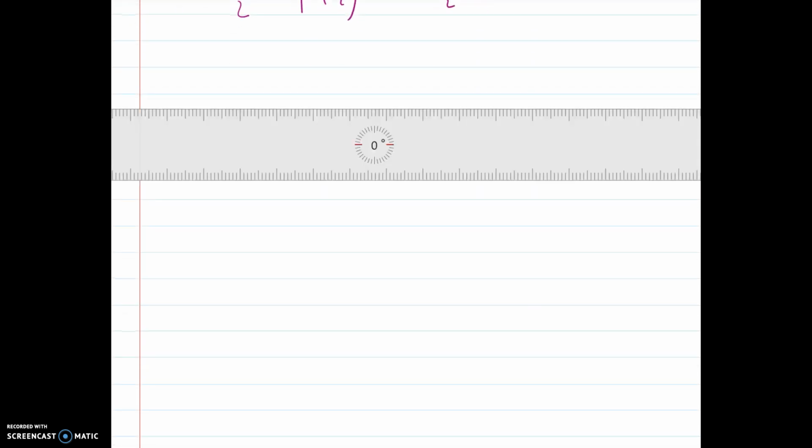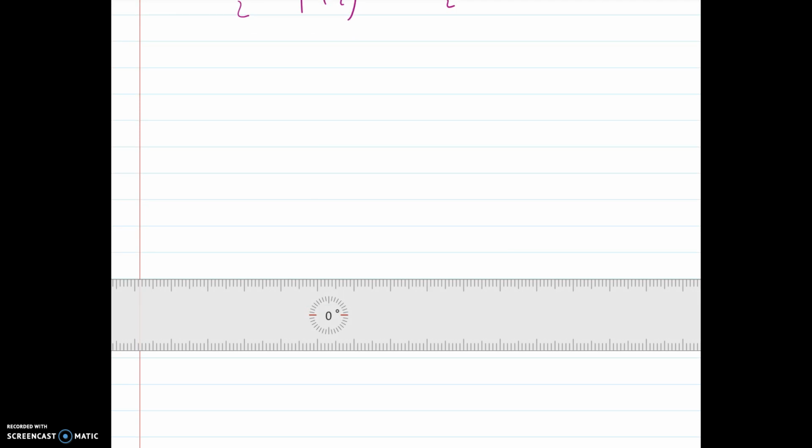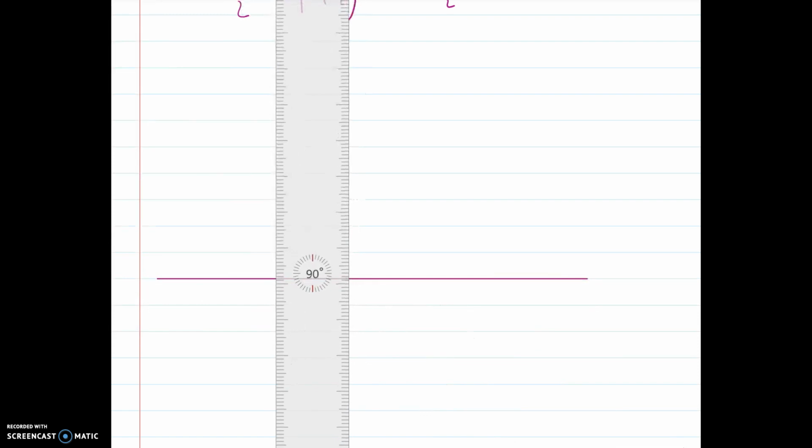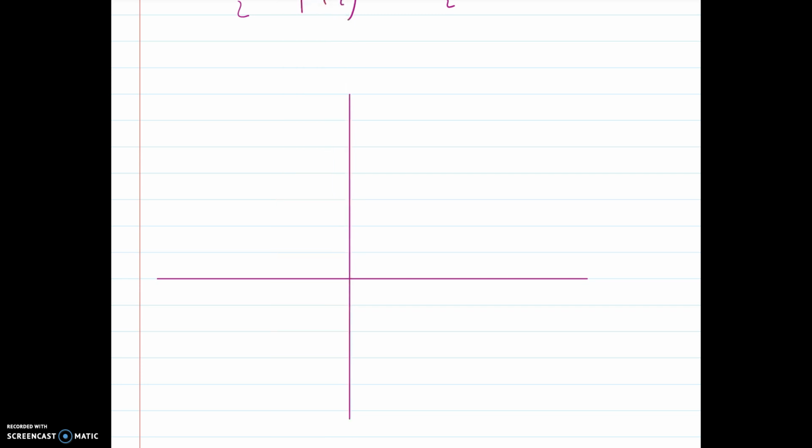So on my graph, when x equals 0, I will have right there the value of sine x, and sine 0 equals 0, so I'm right here.